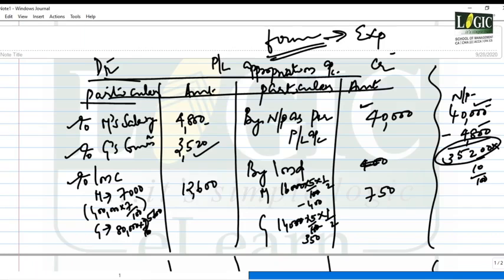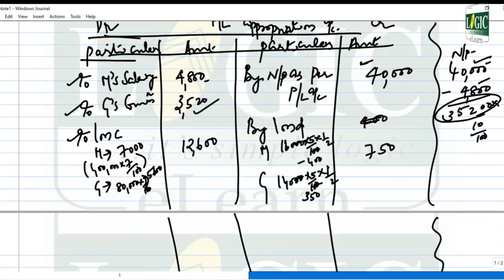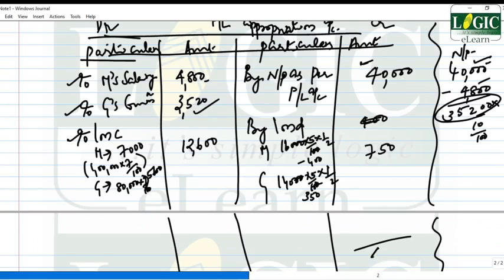Now, you have incorporated all expenses and the receivable income like interest on drawings. Now you balance it, taking the heavier total on both sides. 40,750 is the heavier total.